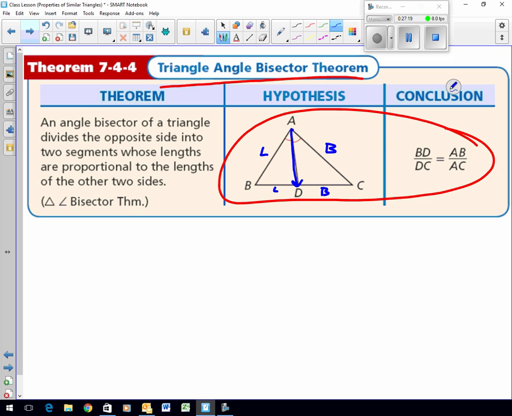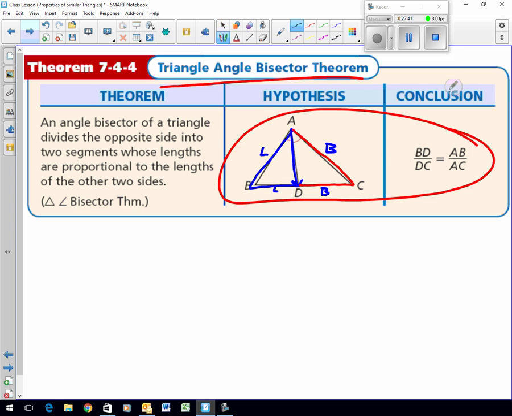Here's how proportionally you divide it. The blue side should be on top. The red side should be on bottom. Okay? I don't care if this side ends up bigger than this side, that's fine with me.